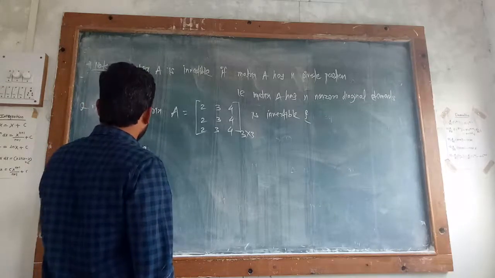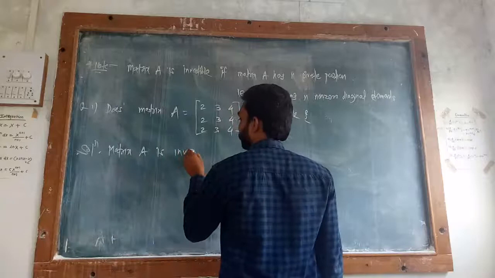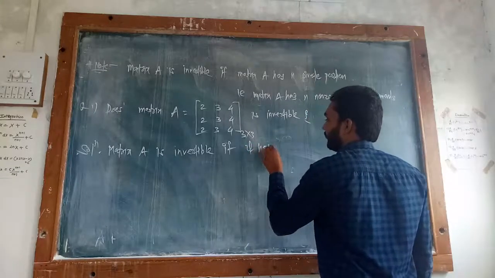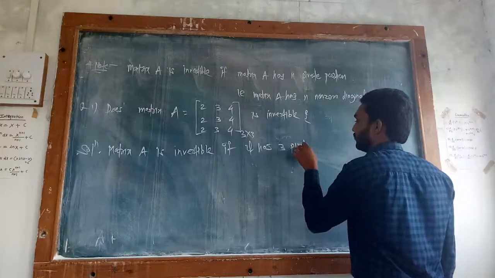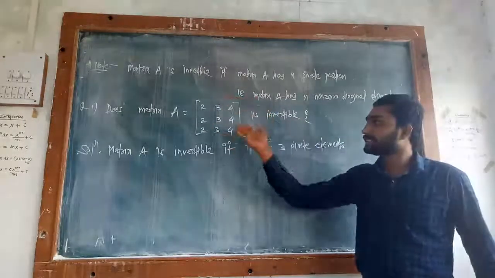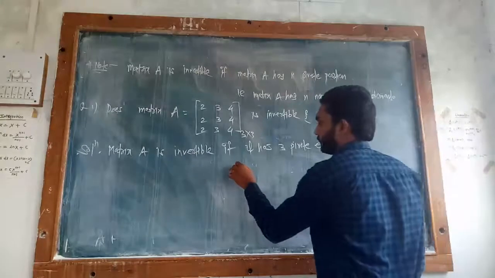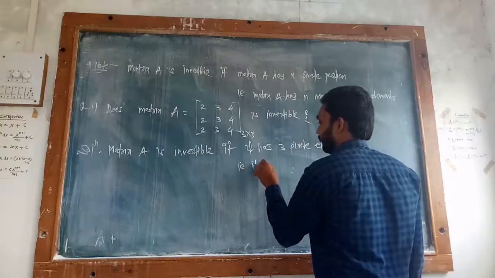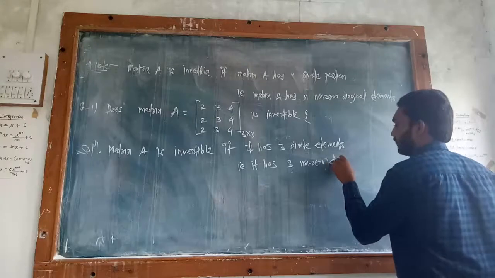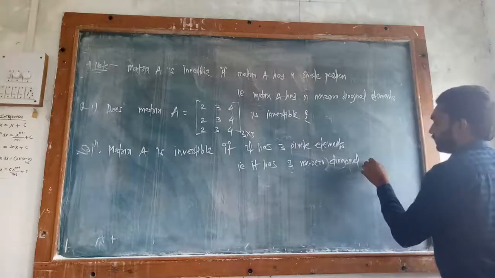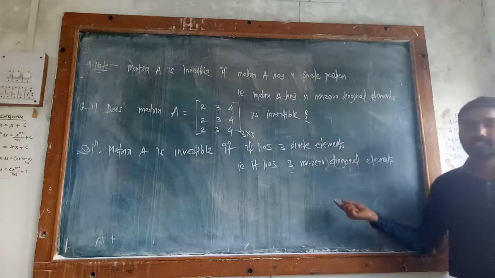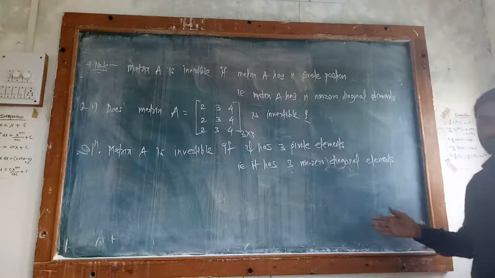Matrix A is invertible if it has 3 pivot elements, that is, if it has 3 non-zero diagonal elements in its row equivalent form.